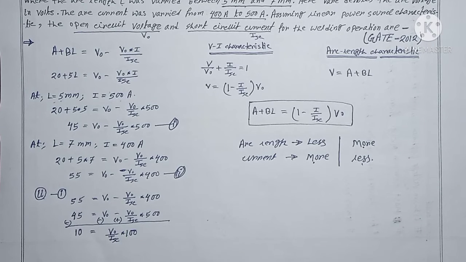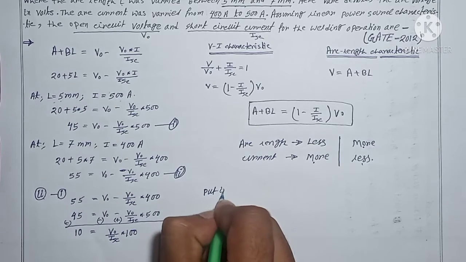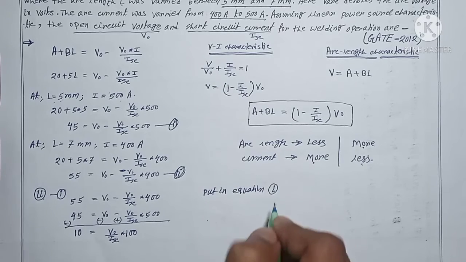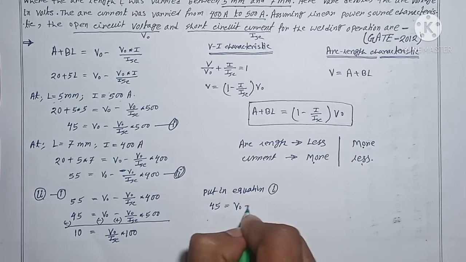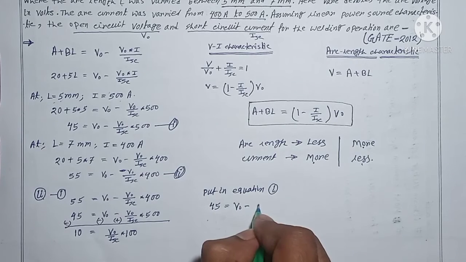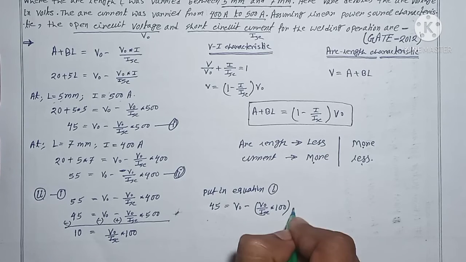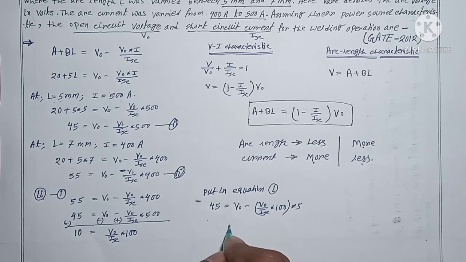Am I right? So if you put the value in any equation, suppose I am putting it in equation 1. In equation 1, 45 is equal to V naught minus V naught by ISC into 100 into 5, so 5 into 100, 500 actually.